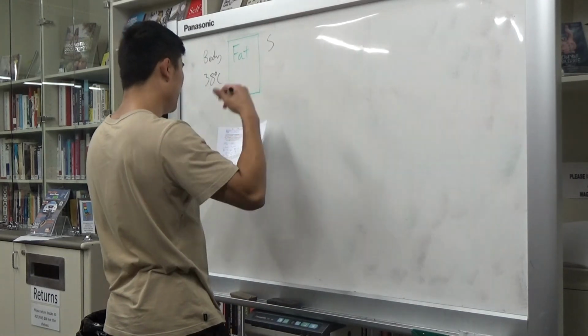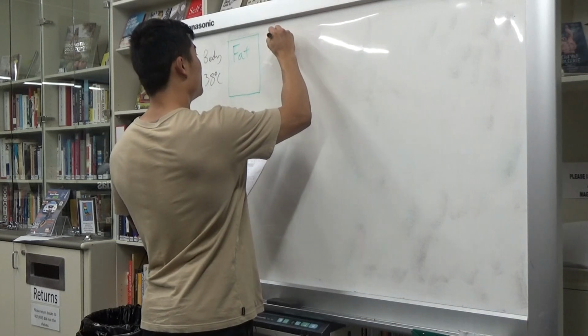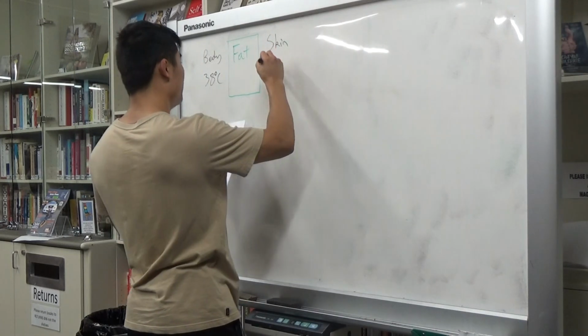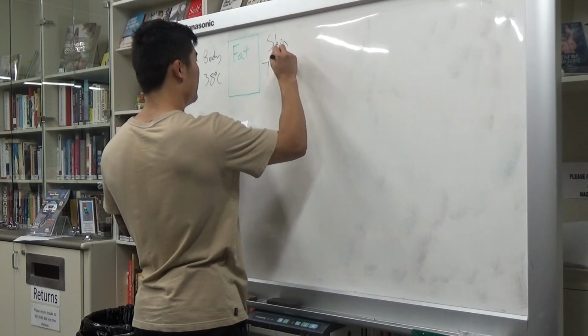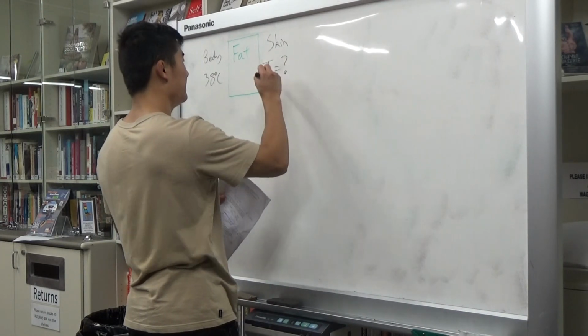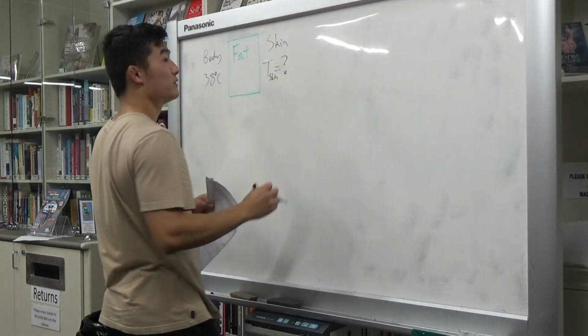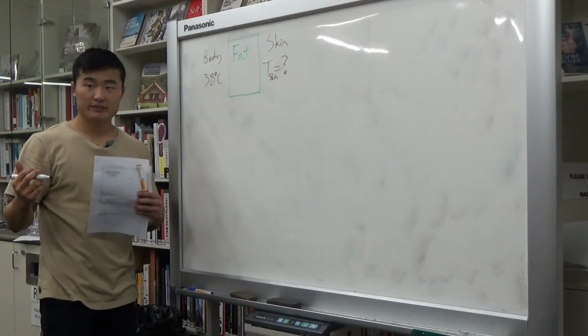After the fat is going to be the skin, because the fat's right under the skin. We want to find out the temperature of the skin, so we'll call that T skin. So T skin is equal to question mark.